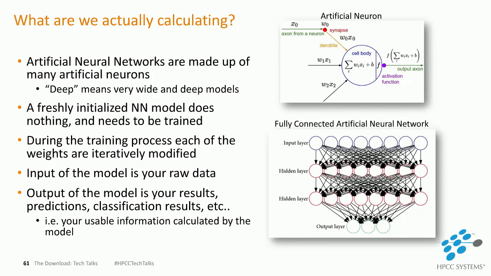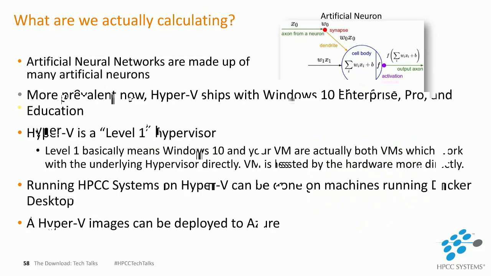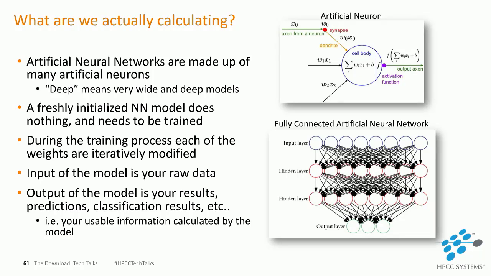So what are we actually calculating? Real quick, this is what a neural network looks like in the lower right. Upper right, this is what a neuron looks like. There's a lot of mathematical operations that have to occur. The artificial neuron looks a lot like a biological one. Just like the biological one, it accepts inputs from the previous layers, the previous neurons, with a weight, and this weight is what is changed during the neural network training process.